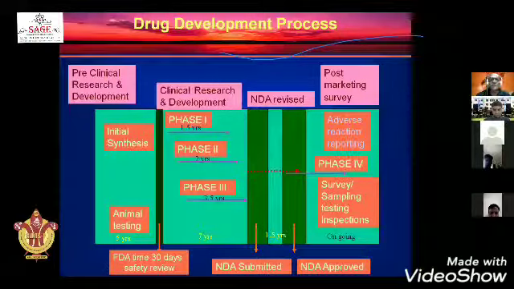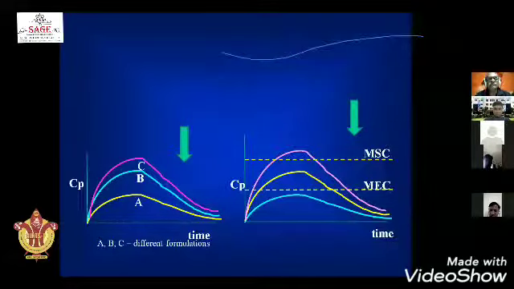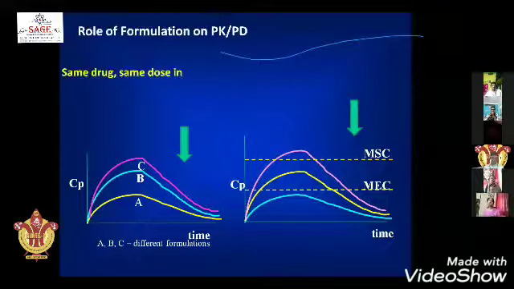So this is how the drug or dosage form is developed, and how it comes from the lab to the market. It's a really tedious process, time-consuming, and expensive also.